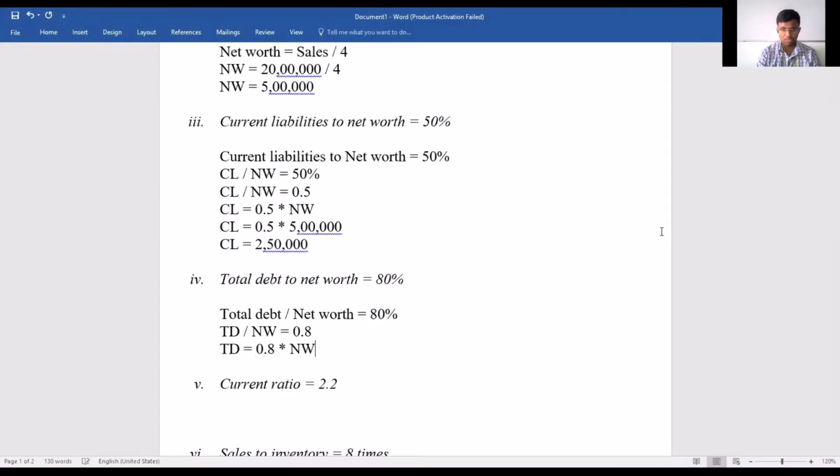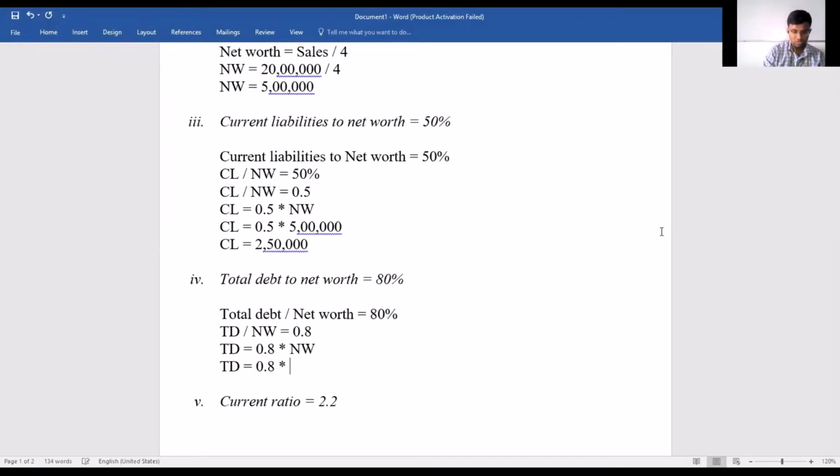Net worth we know is 5 lakhs, so total debt is equal to 4 lakhs.